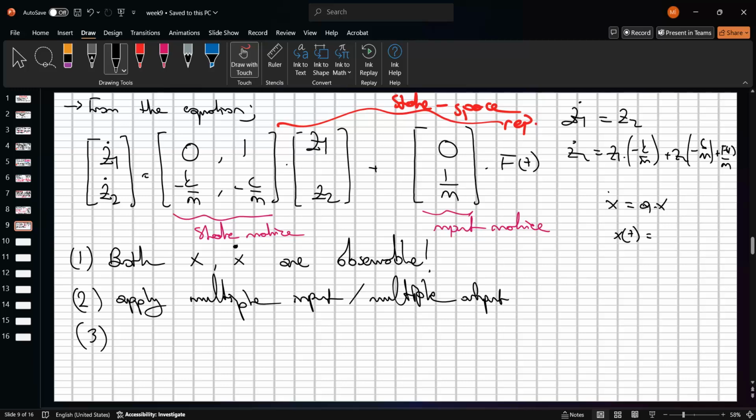X dot equals A times X. The exponential term e to the At times X zero, right? Just remember that. This is the exponential term. This is the simplest solution for the first order differential equation. And so, this is a useful definition to check the stability analysis based on this information.